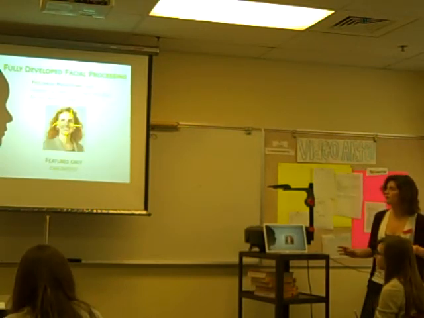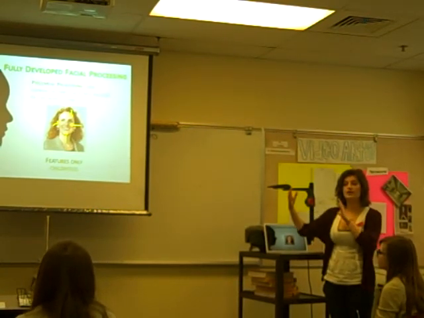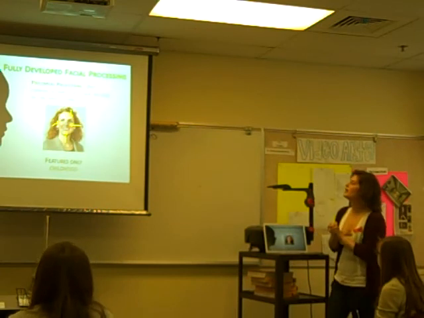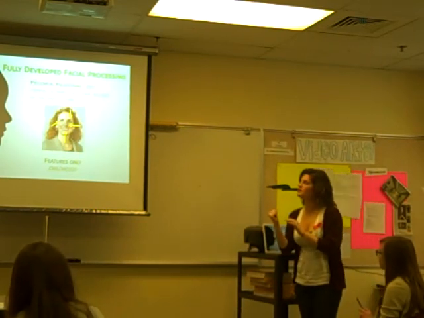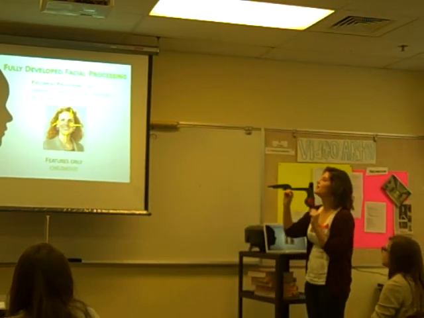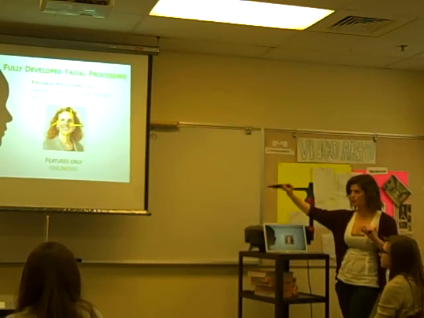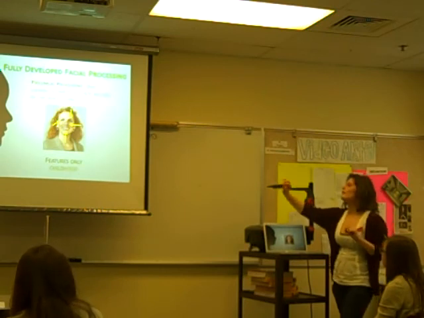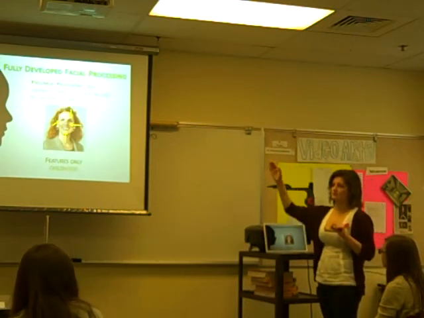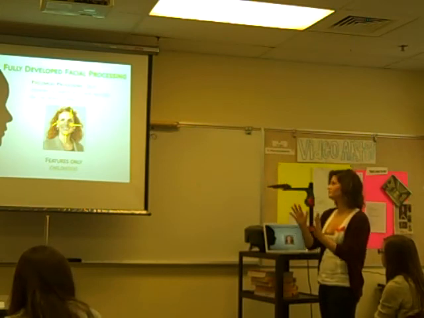Okay, so first we're going to talk about how facial processing works in adults, and then we're going to go backwards and hit the child development part of it. So there are 2 ways that people can process faces, and the first one is piecemeal. This is actually what children do, and by children I mean up to 9 months, like small people.